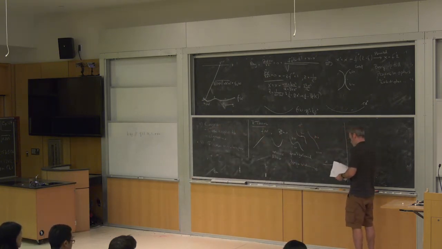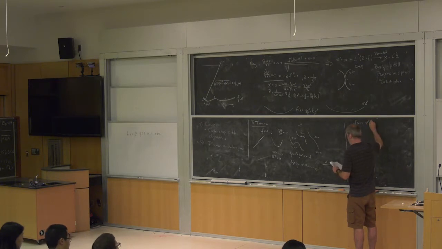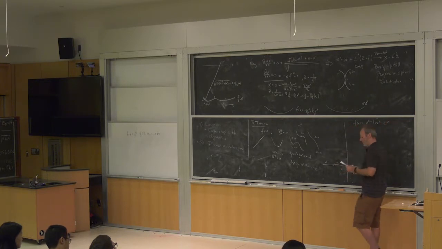So suppose we have a function which is next higher order. So this is going to be f of x, x fourth, minus dx squared, minus dx. Okay.